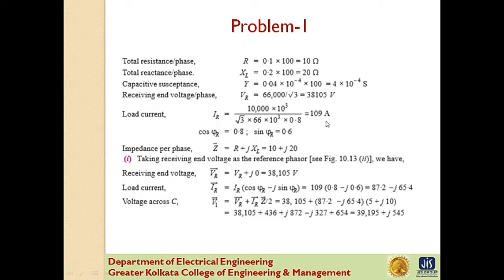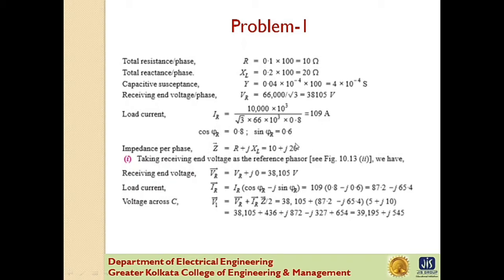So this is the receiving end current or the load current. And cos phi R is 0.8. So from the formula sin square theta plus cos square theta equals 1, we get the value of sin phi R as 0.6.